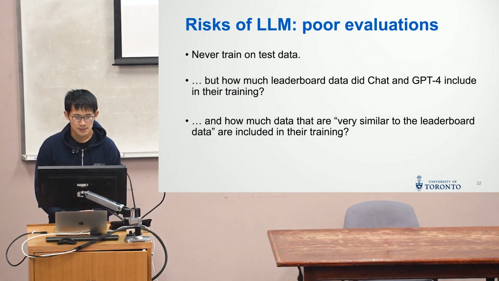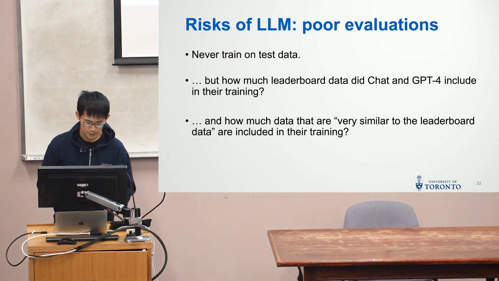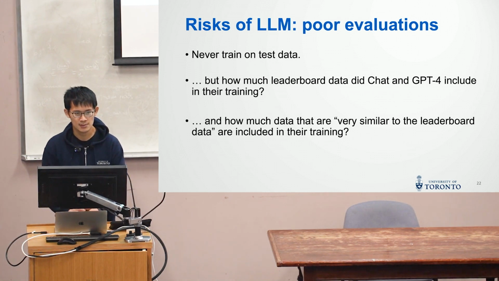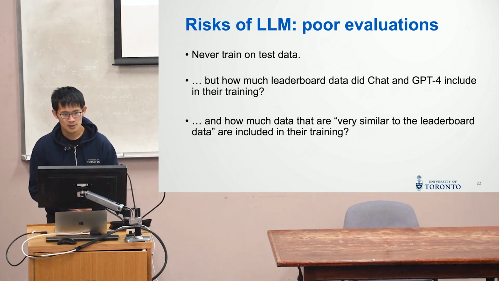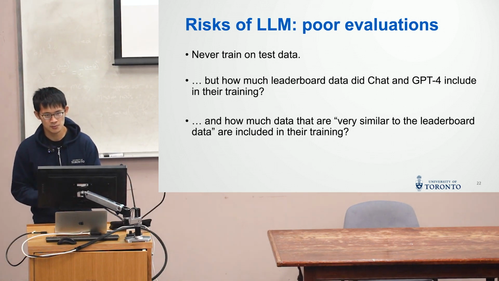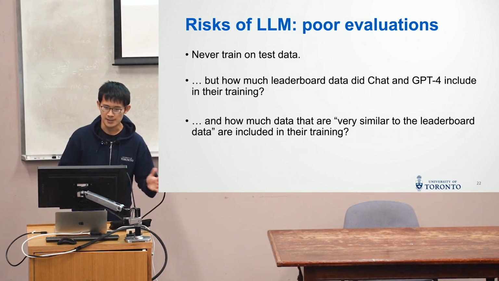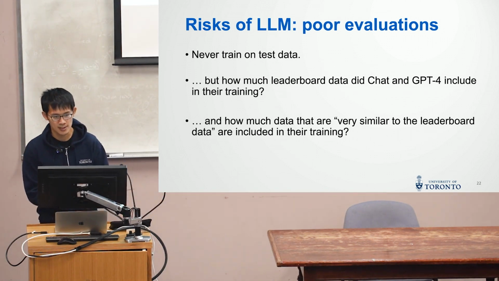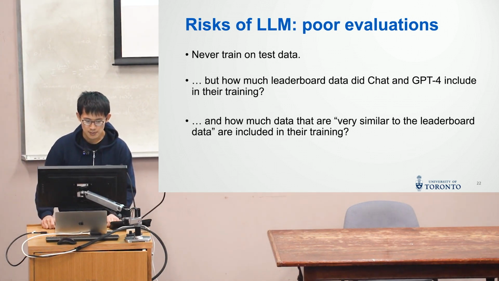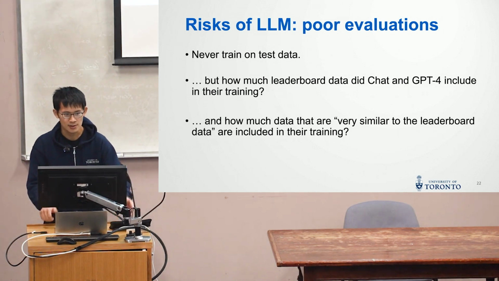Recently there was some evidence about that. Some people found that GPT-4, although able to do the bar exams and GRE exams really well, performs much more poorly on the 2020, 2022, and 2023 exams than on exams that existed previously, like the 2018 or 2019 exams. This is probably because the old exams are in their training corpora, but the new exams can't possibly be included in the training corpora.